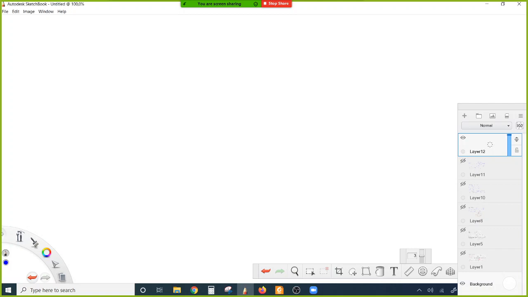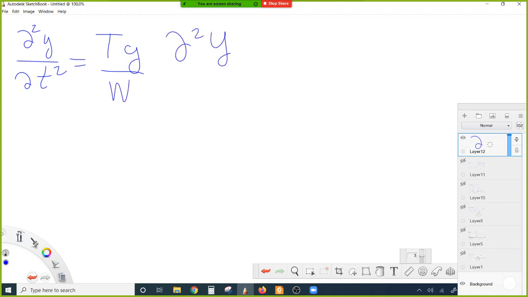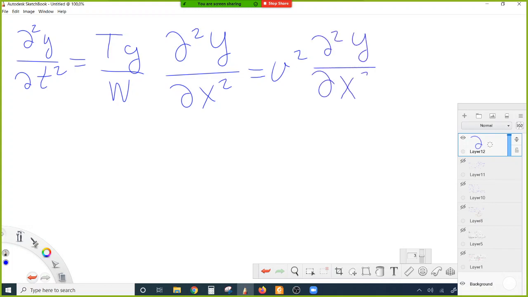So we said the wave equation d squared y over dt squared is equal to T g over weight d squared y over dx squared, or v squared d squared y over dx squared. This can be rewritten if we move v here.